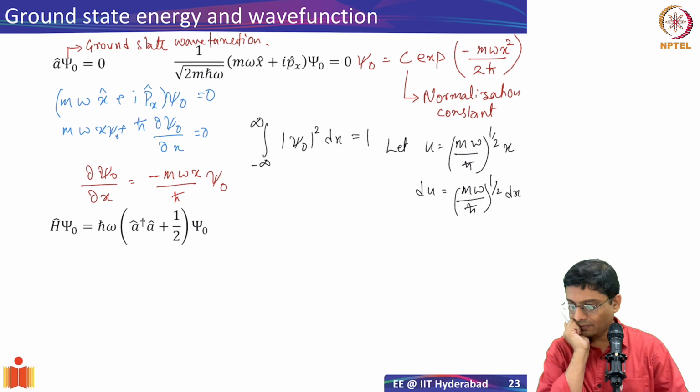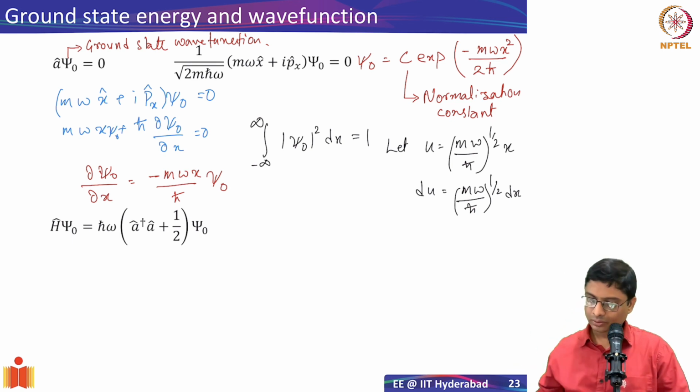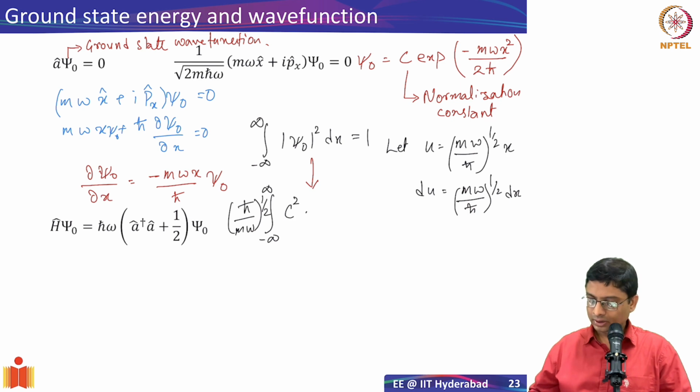So now this integral I'll write as the integral from minus infinity to infinity of du, so h bar by m omega whole to the power of half into c square exponential minus u square du equal to 1.